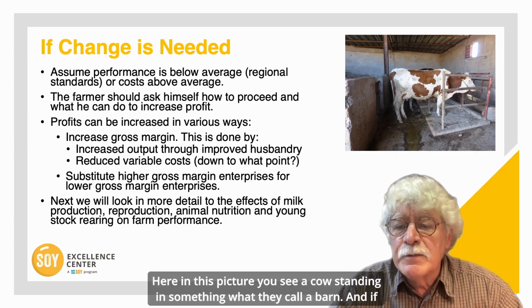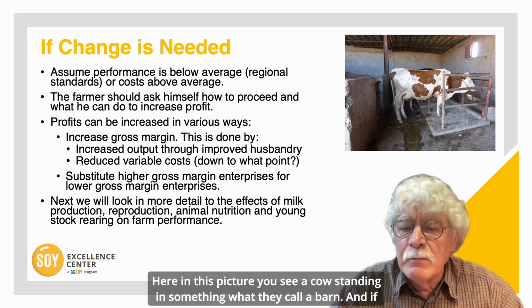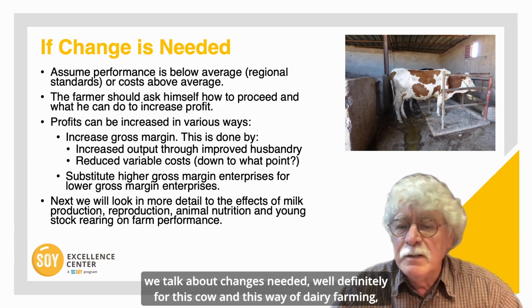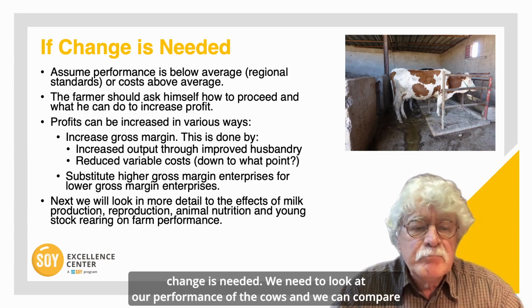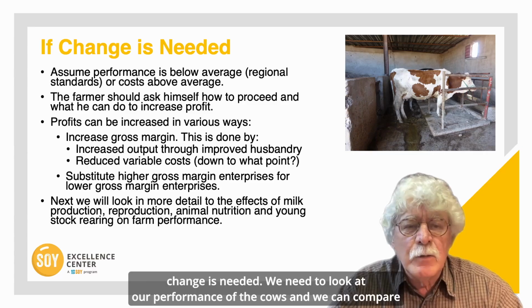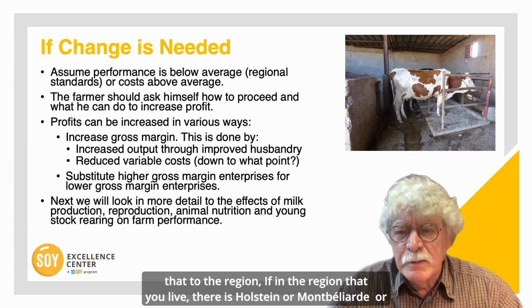Here in this picture, you see a cow standing in something they call a barn. And if we talk about changes needed, well, definitely for this cow and this way of dairy farming, change is needed. We need to look at our performance of the cows, and we can compare that to the region.